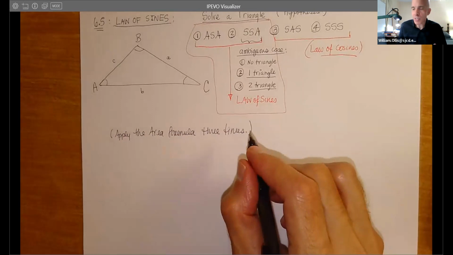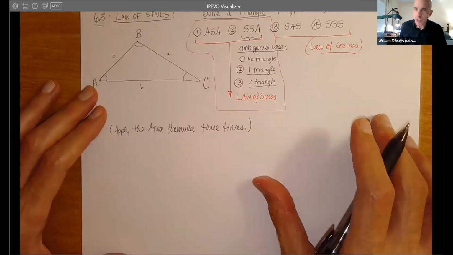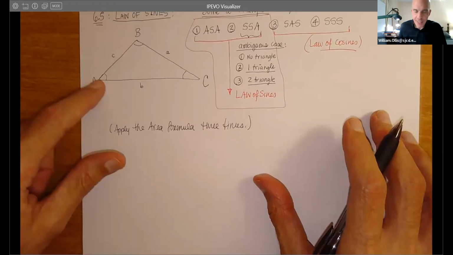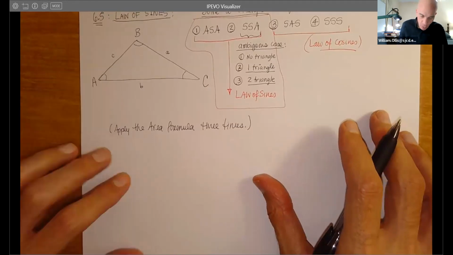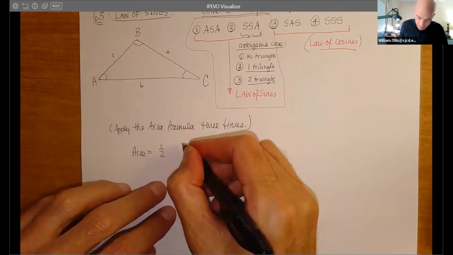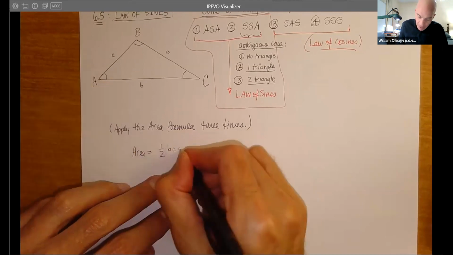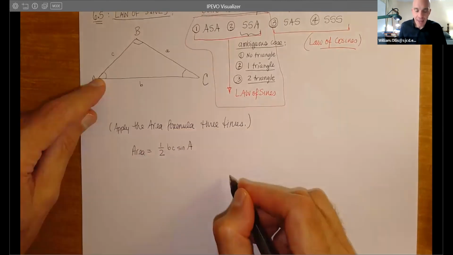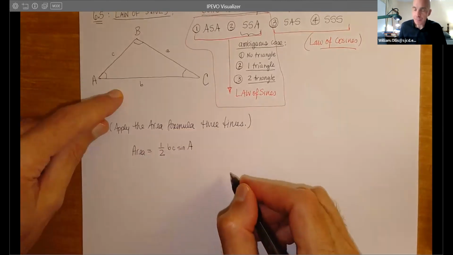You can recite this in your sleep, so to speak. So we'll think of 2 sides and the included angle. So we'll start with included angle A. So area will be 1/2 B times C times the sine of the included angle, right there, using that angle with sides here.